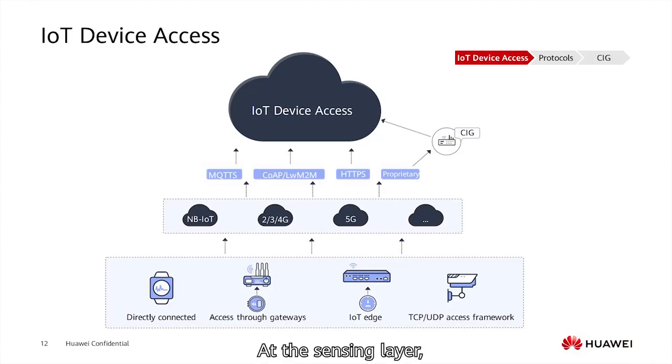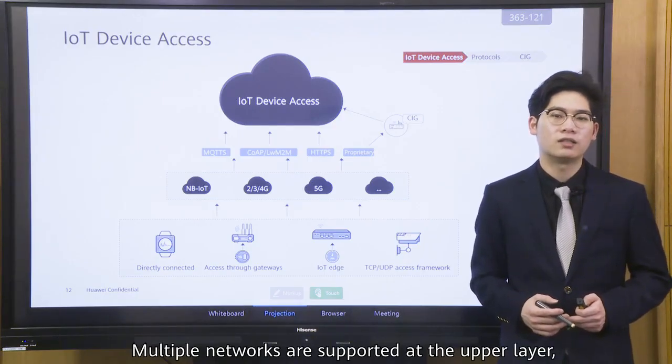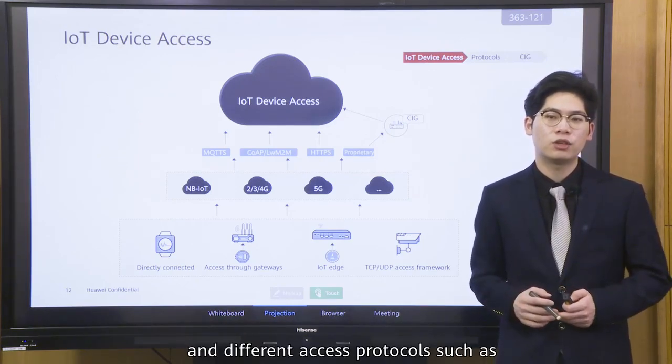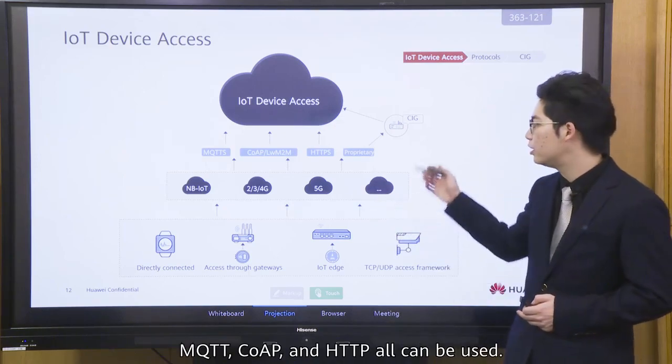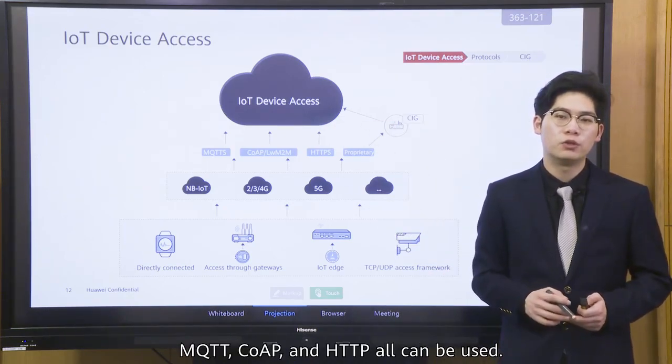At the sensing layer, we can use various access modes, such as direct device access, gateway-based access, and edge-based access. Multiple networks are supported at the upper layer. And different access protocols such as MQTT, CoAP, and HTTP can all be used.